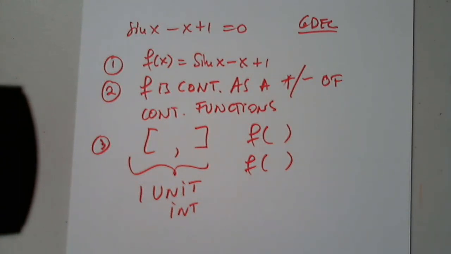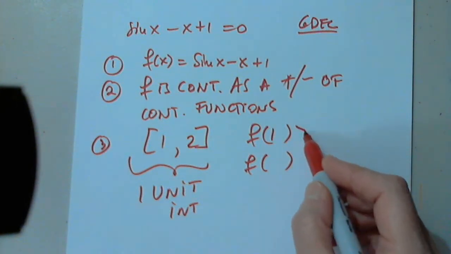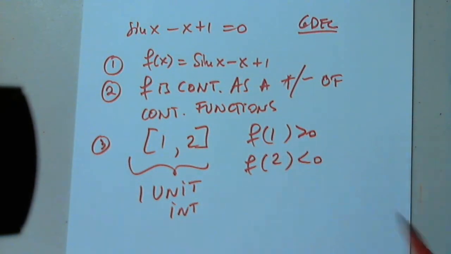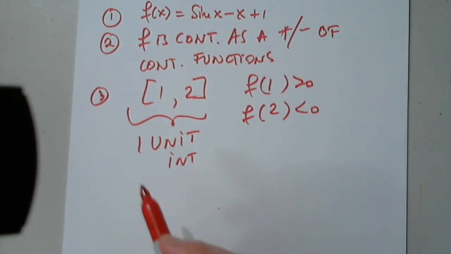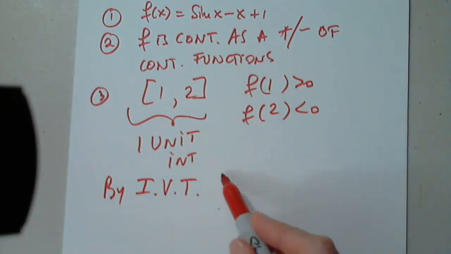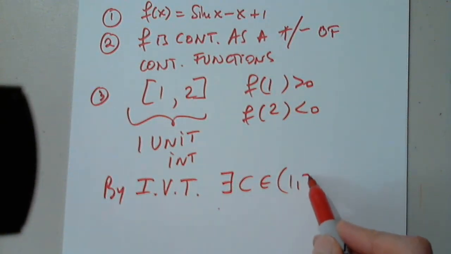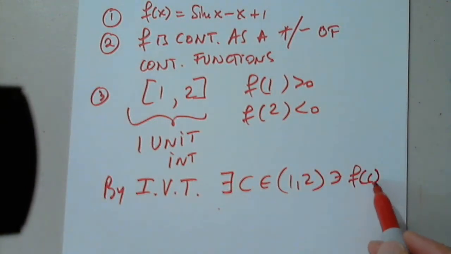That's all I needed, 1 and 2. f of 1 is positive, and f of 2 is negative. By the intermediate value theorem, there exists a c in the open interval (1, 2) such that f of c is 0.